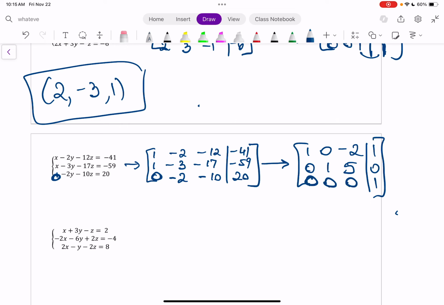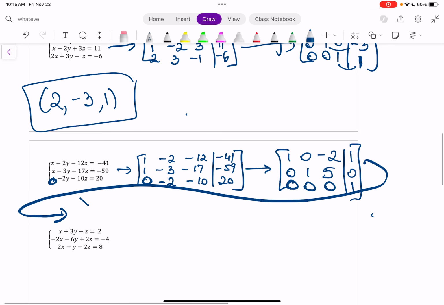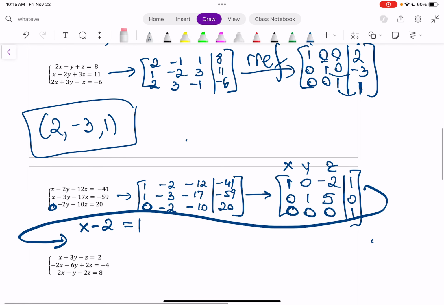Well, that's kind of a little different. So let's see if we can write our equations. The first equation says 1x minus 2z equals 1. So I'm not left with just an x, because not everything is 0 behind that. There's a 1x, no y, but -2z's, I'm sorry.